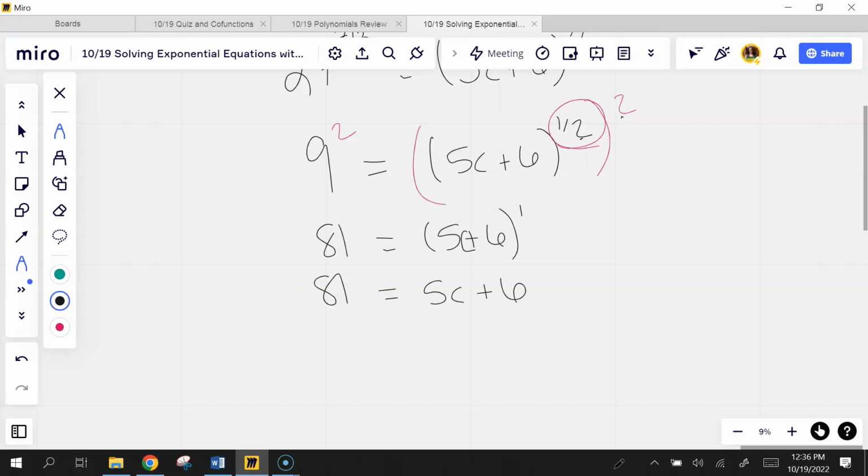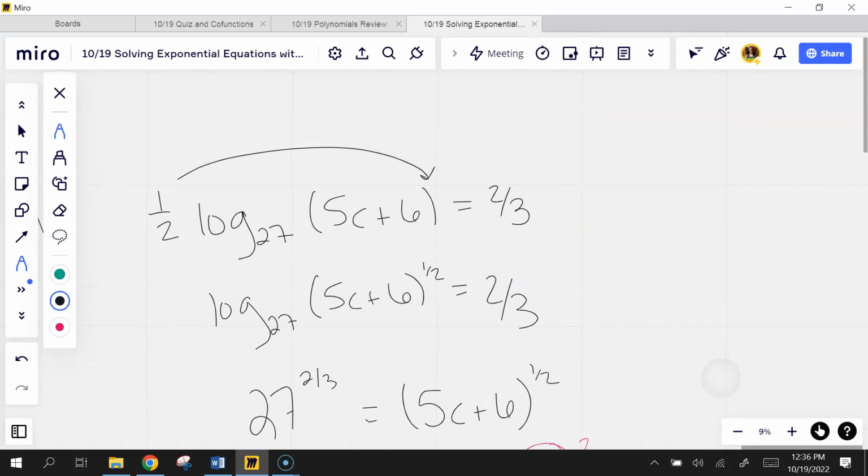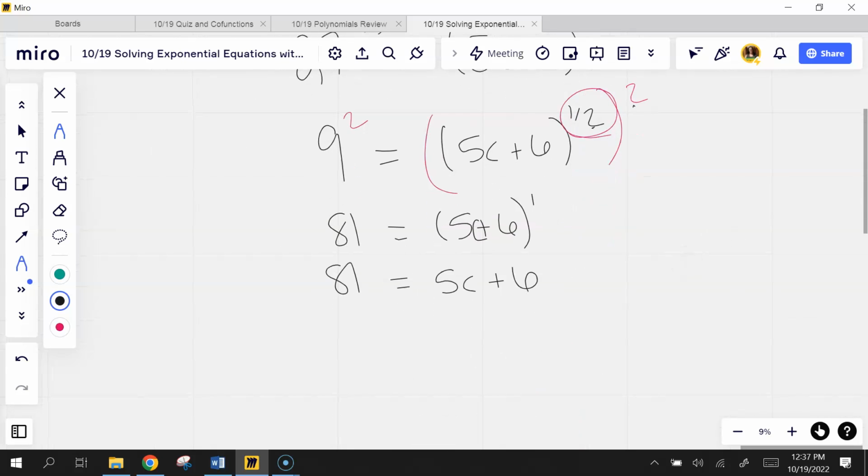Move the 6. I have 75 equals 5c, so c equals what?